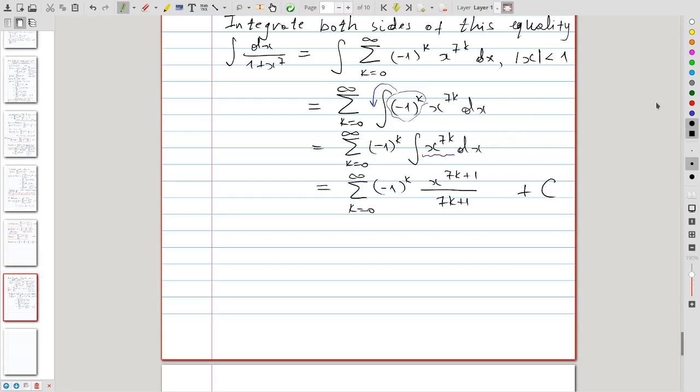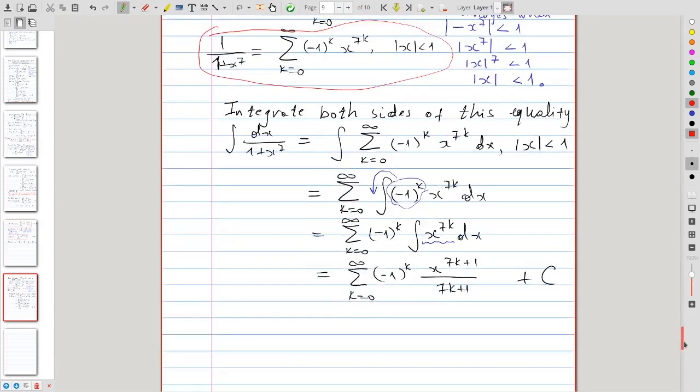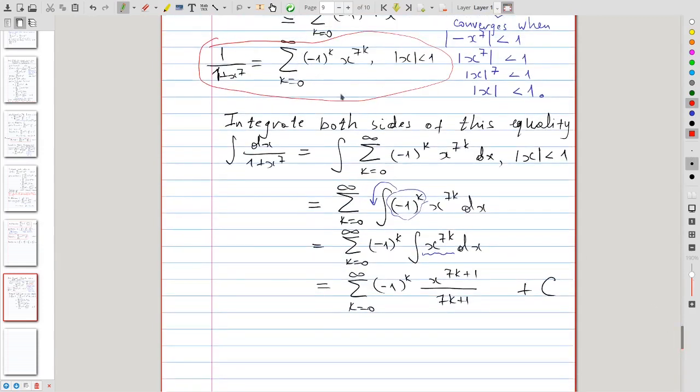Now, since the original equality had this power series which converged for all x's in absolute value less than 1, this power series here will also converge when absolute value of x is less than 1.